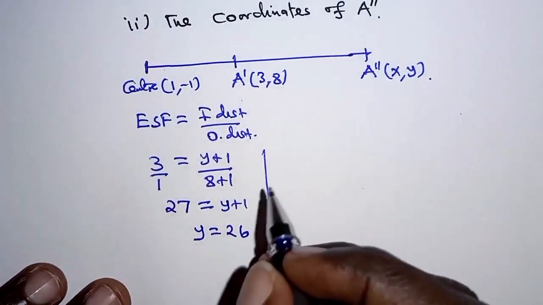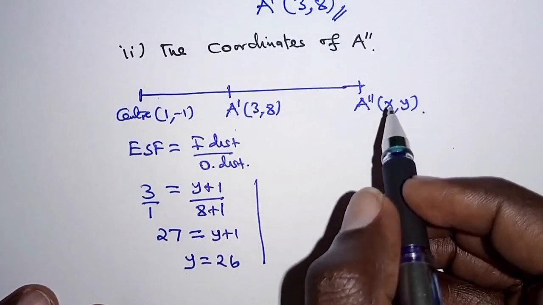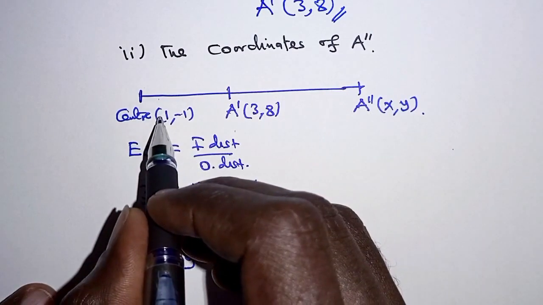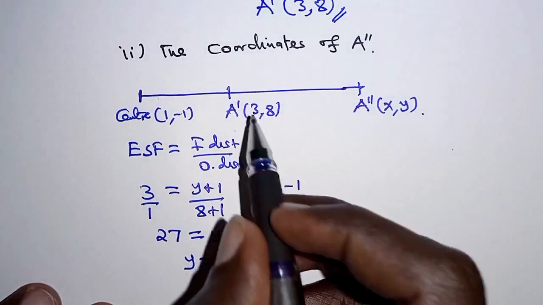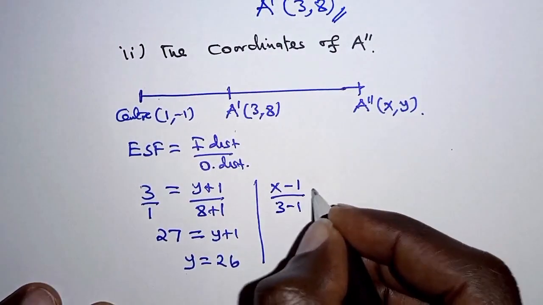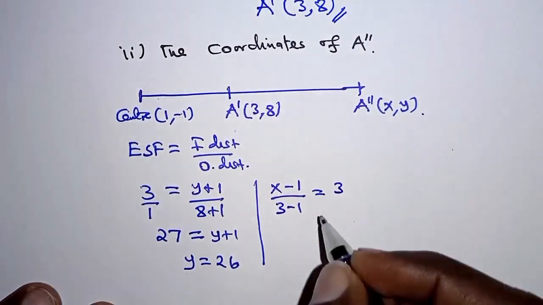Applying the same to the x coordinates, we'll say image distance x minus 1 over object distance 3 minus 1 should be equal to the enlargement scale factor, which is 3.